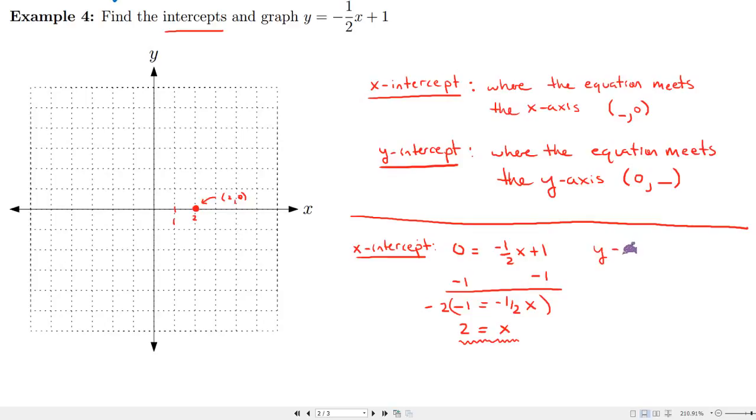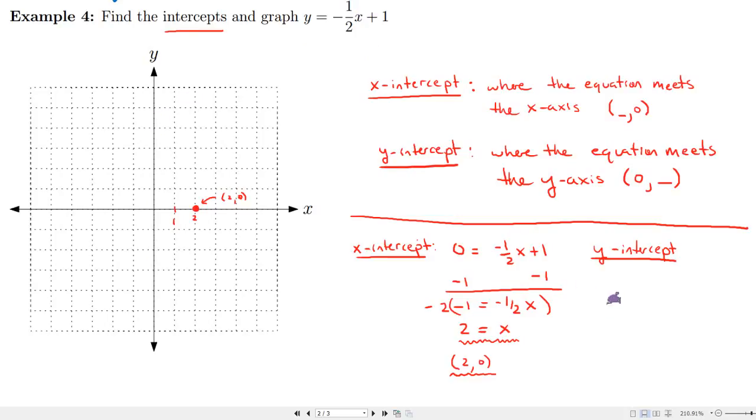Y-intercept. So we actually plotted the x-intercept right here, right? So that'll be at 2, 0. That's the point. So it's already plotted. Y-intercept, so let's plot that. So what are we doing there? So y-intercept, where it hits the y-axis, the x value is 0.